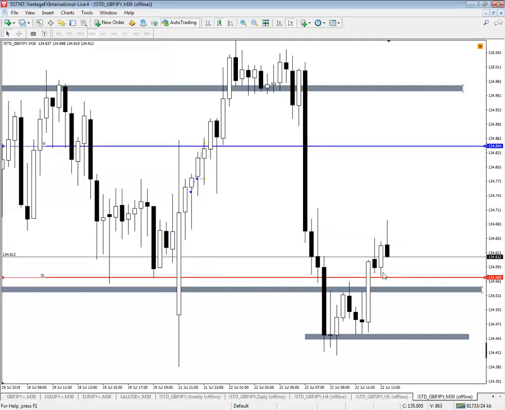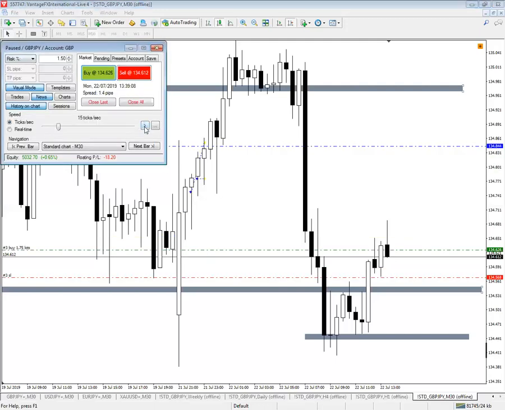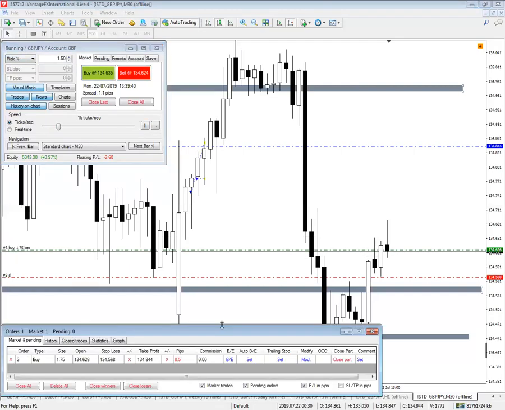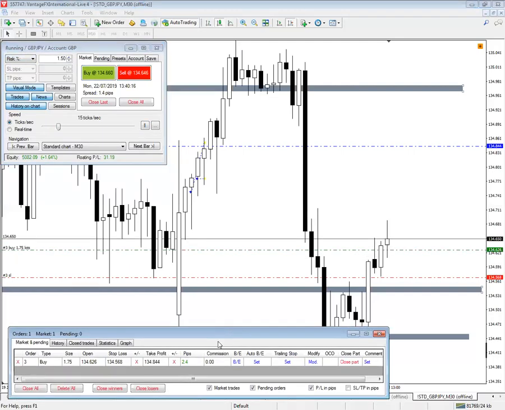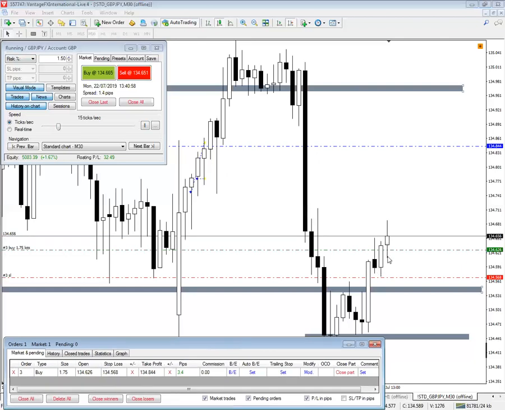That's what I'm going to do. But of course, if this candle closes bearish, we will close 50% of the position.